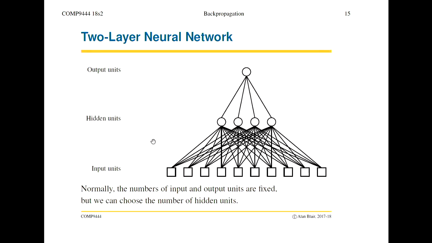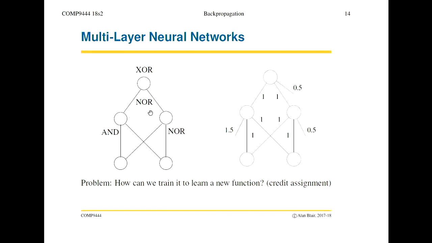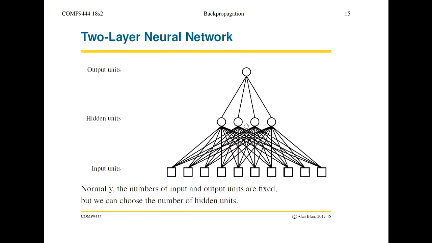In general, we can build 2-layer neural networks. Next week we're going to start talking about deeper networks, but for a long time neural networks were often just limited to 2 layers.